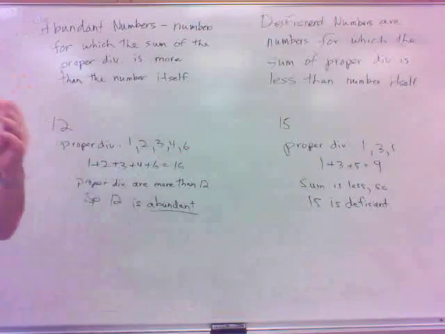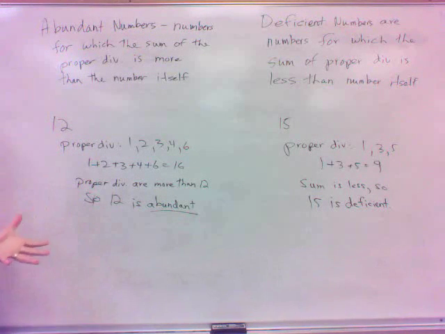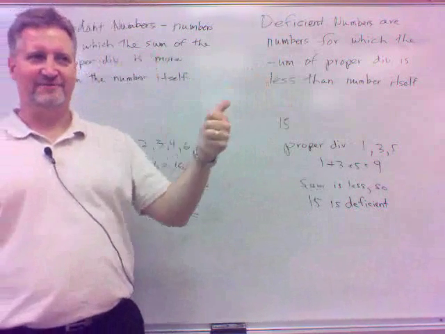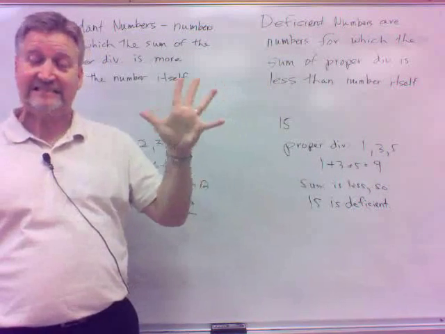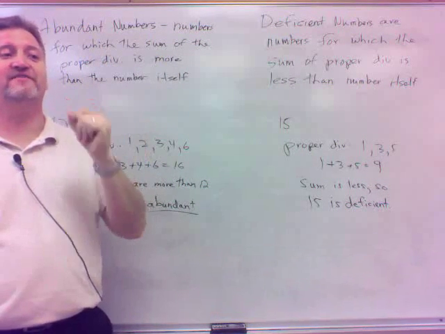Now, I picked 15, but if you think about it, there's a group of numbers that we could pick out that would always be deficient. Can you think of what group I'm talking about? What group of numbers would always be deficient ones? Prime numbers. Wouldn't prime numbers always have to be deficient?